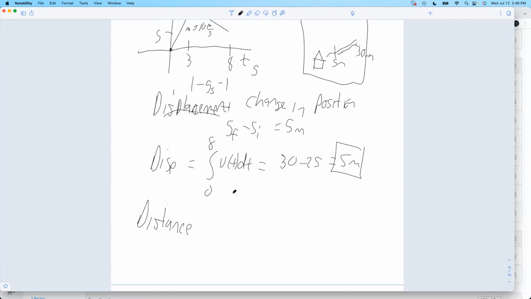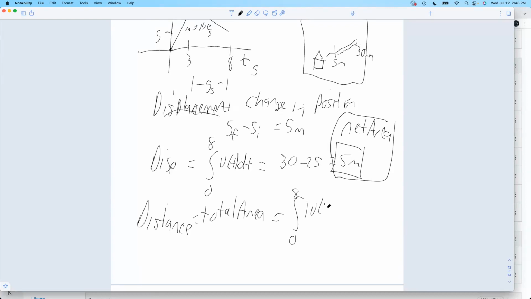Distance is the total area. This guy is the net area that takes into account pluses and minuses. Distance is what your book calls total area. And that is the integral from 0 to 8 of the absolute value of velocity.